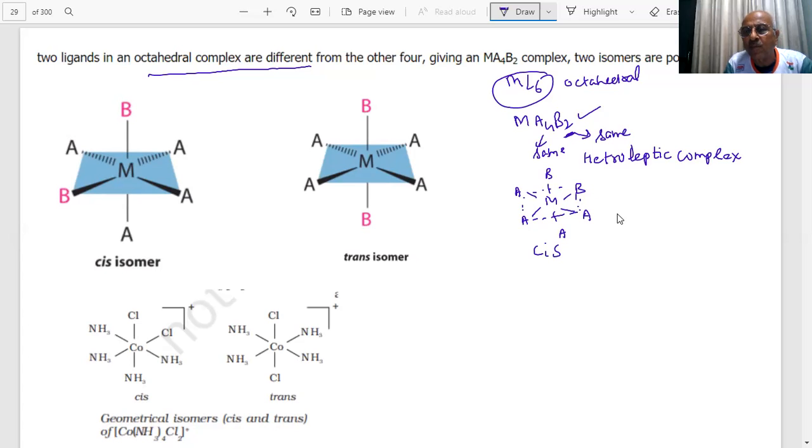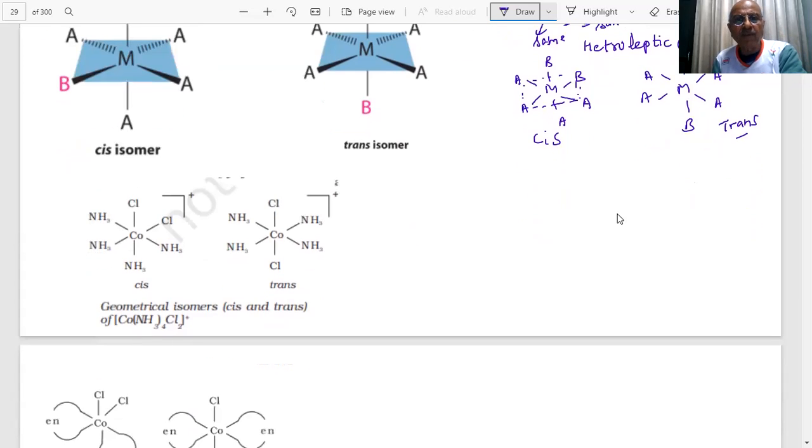And if you want trans, you make them opposite. That is the only thing. Easiest way in the exam: I put B here, I put B here. They are opposite. Rest is A. See, these are opposite, these are identical. This will become trans. So this B2, student, you will use for making cis and trans isomers. Clear? Any doubt? Can you make it, students?